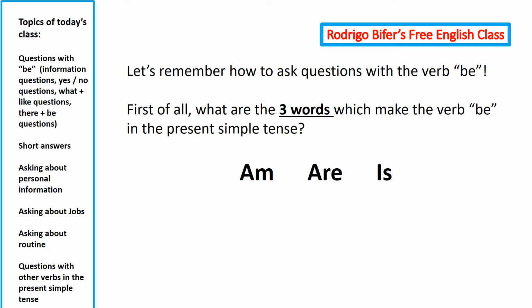The words are am, are, and is. These are the three words that make the verb to be in the present tense in English. If you really want to memorize them and not forget them anymore, you can remember that the three words together form the word "amareis" in Portuguese. Okay? All right.